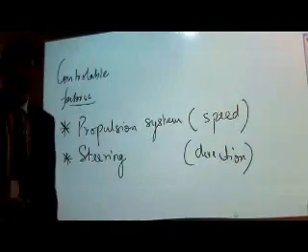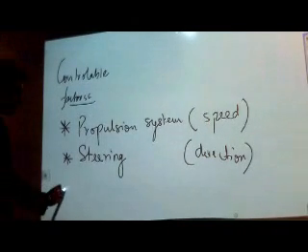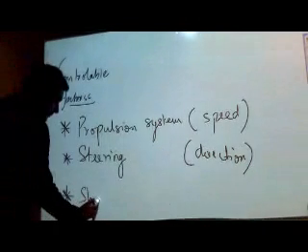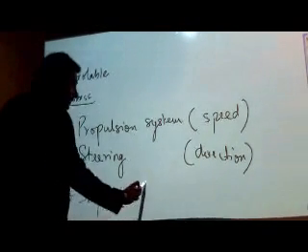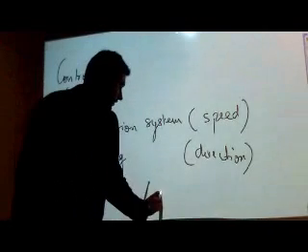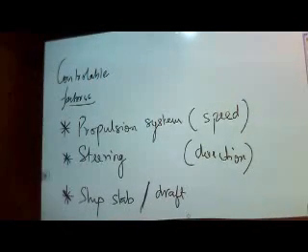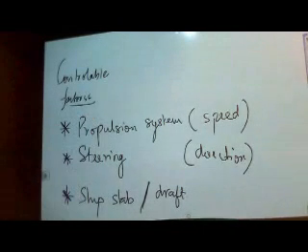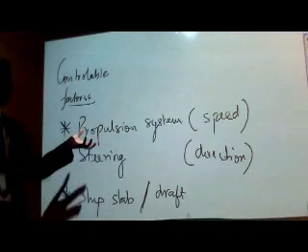Ship stability, basically, you can say ship stability, or you can say draft. That plays into your underwater ship's volume, which will indirectly affect both steering and propulsion. So these are the factors which we will then intricately look into.